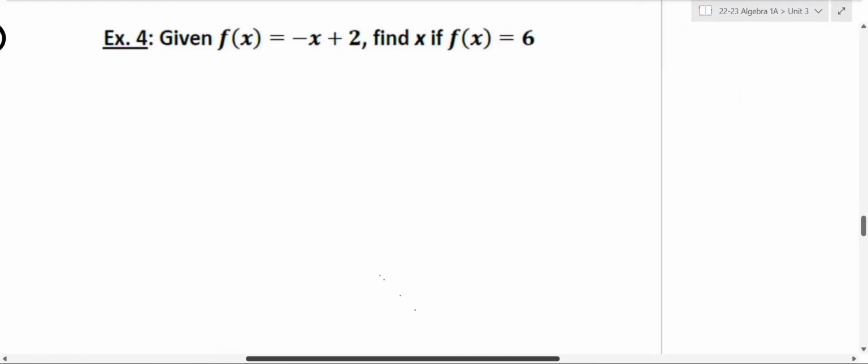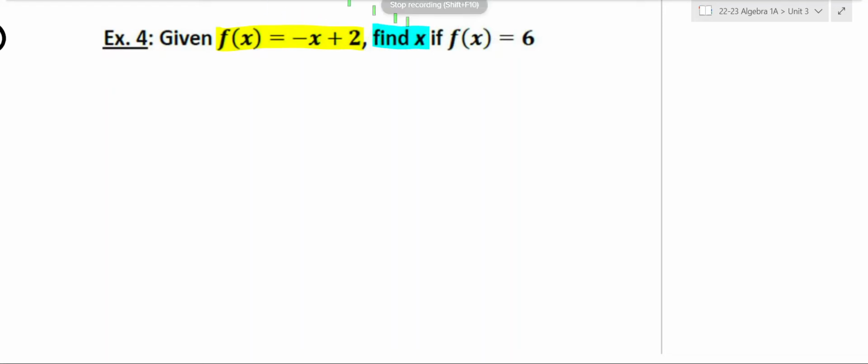All right, let's try this again. You are given that f of x equals -x plus 2. They want you to find x. And we know that the value of the function is 6 at that x that we're looking for. So wherever we see f of x, we're going to plug in or substitute in 6.